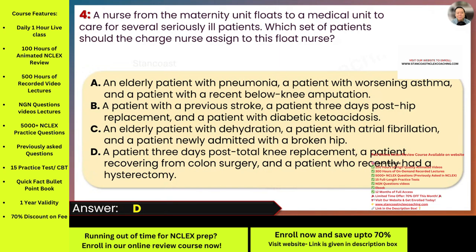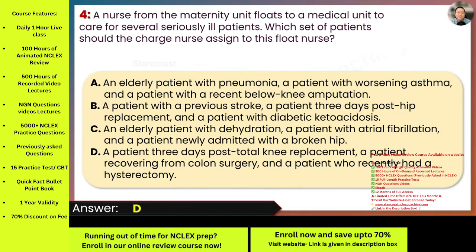Why? Because the maternity nurse is used to the surgical patients, especially those recovering from C-sections. And these post-op patients have predictable care needs like pain control, wound care, mobility assistance, and monitoring for complications, maybe infection, blood clots.